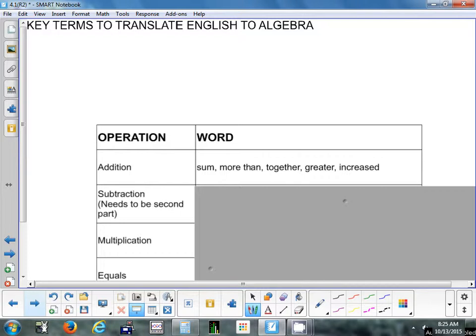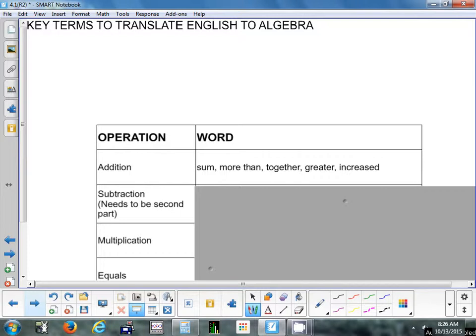Okay, subtraction. What are some key words if you see them? You know it means subtract. In fact, we've seen one a lot today. Less than. Less than, and that's the tricky one. Less than is the one where the order switches. What else? Look at some of these words and basically just say the opposite of them. Yep. Decreased. Guys, this is on the back side of your note, if you're not sure. Less than, decreased. What do you call it when you subtract two numbers?